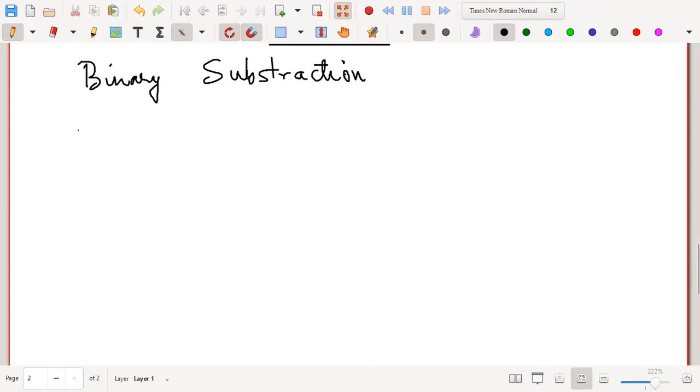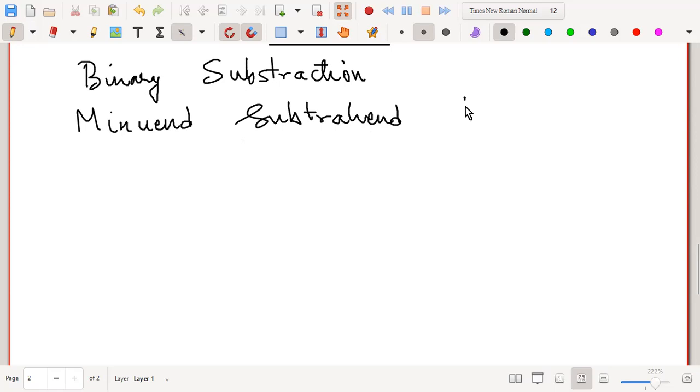In this table, we have minuend. That means the number from which another number is subtracted, that is known as minuend. And then we have subtrahend, the second number, the number which is subtracted from the previous number.